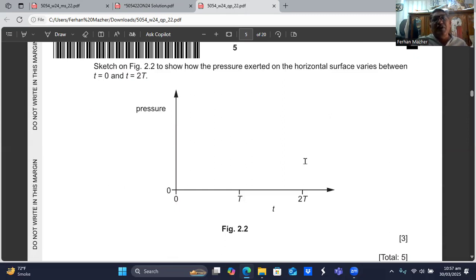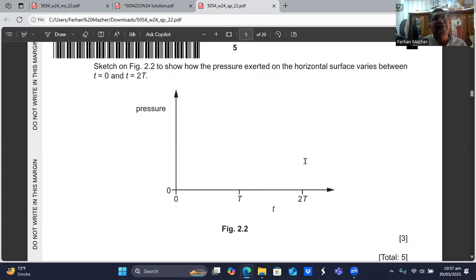Then sketch on figure 2.2 to show how the pressure exerted on the horizontal surface varies between t equals 0 to t equals 2T. As the time passes, the mass of the water in the beaker will increase.